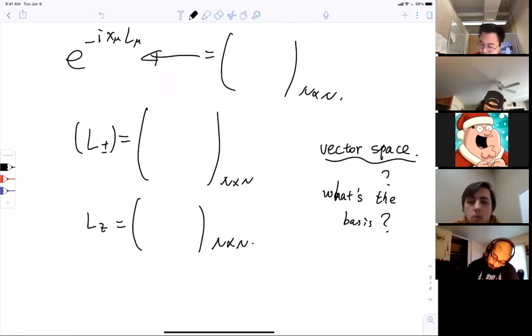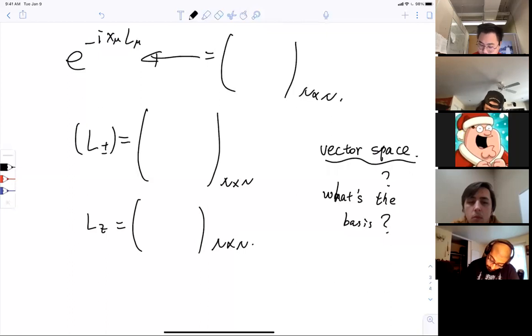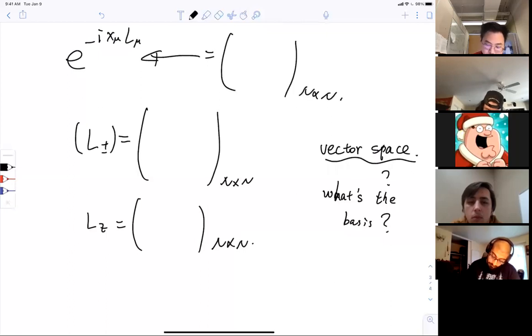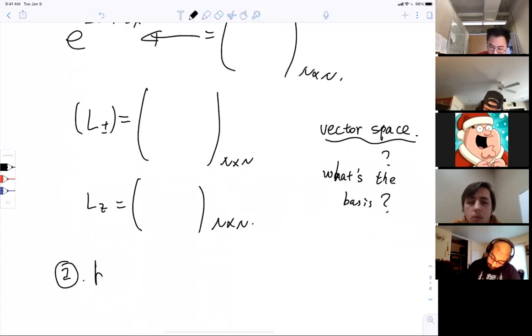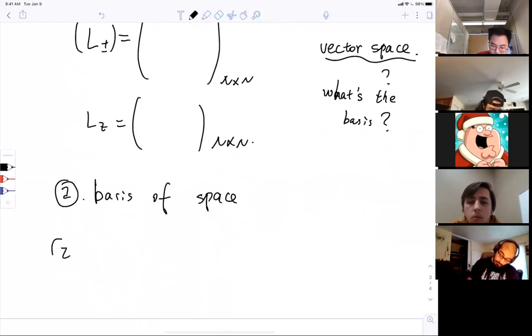So basically, to specify a representation, there are two things you need to know. One is the basis of the space you're acting on. And the second thing is what the generators look like in that space.